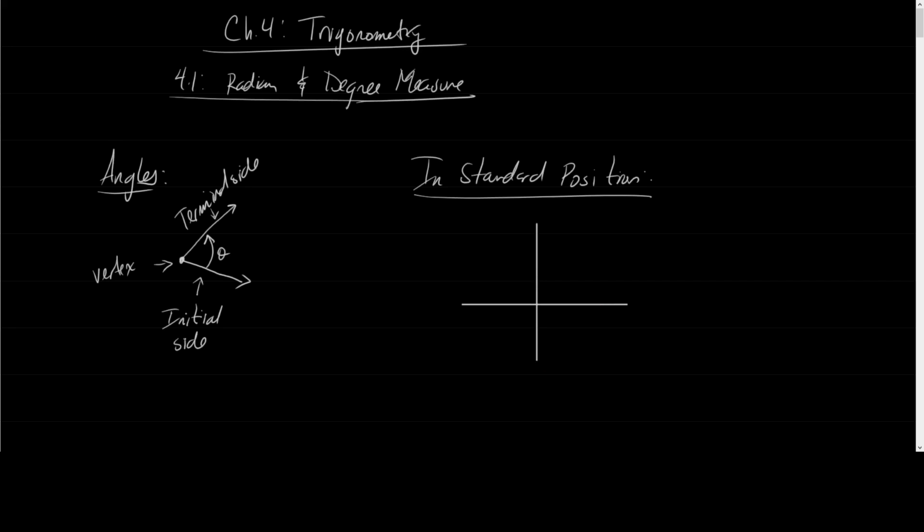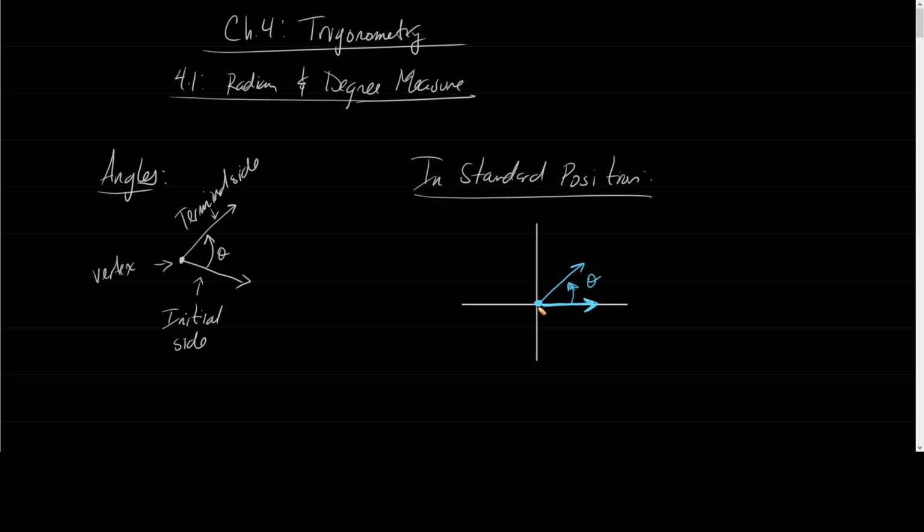We always start by putting our vertex at the origin, our initial side on the positive x-axis, and our terminal side elsewhere. For example, we can have this angle, and this measurement, theta, is our angle, where this is our initial side and this over here is our terminal side.